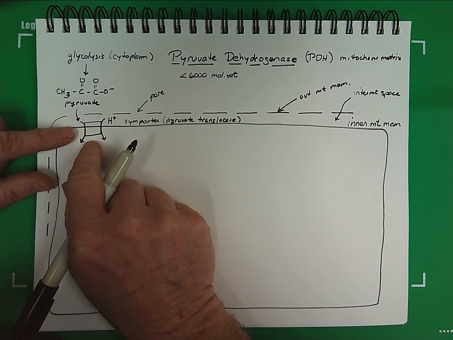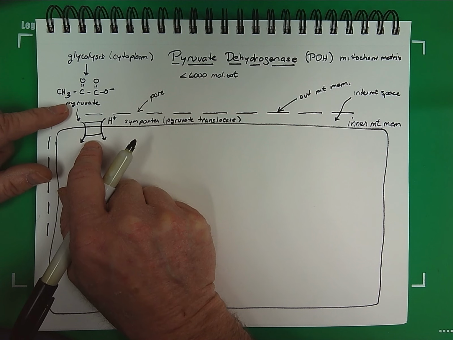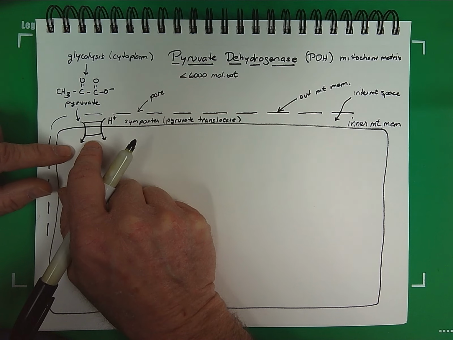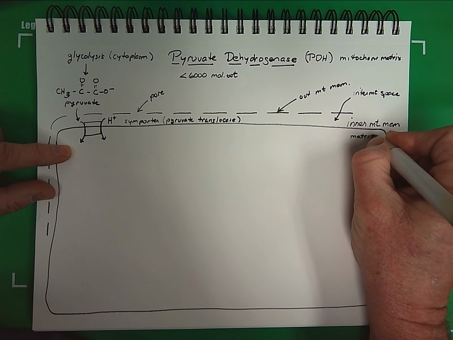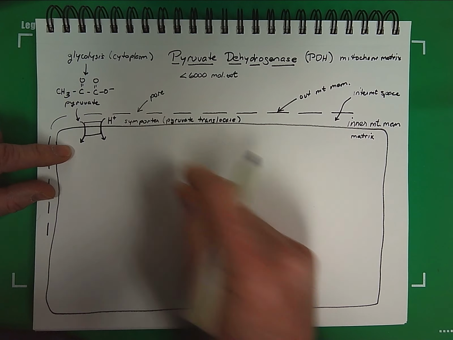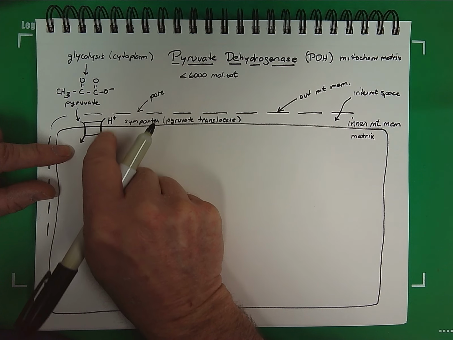Now the fact that it's a co-transporter indicates that there may be a chemical gradient here that is driving this process to transport pyruvate into the mitochondrial matrix. Indeed, we have a chemical gradient of protons.